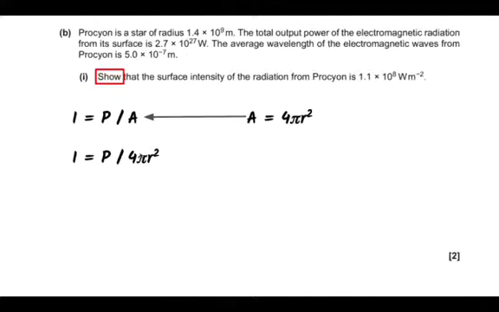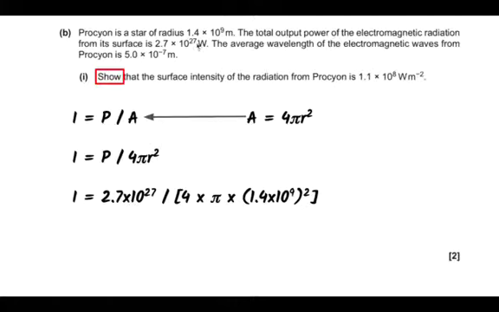And then, crucially, I'm going to chuck in all the numbers from the question. So 2.7 × 10⁻², that's the power given in the question, divided by 4πr², and r given in the question, 1.4 × 10⁹ meters. And then I'm going to plug that in on my calculator, and I will always do this at the end as well. If it's a show that style question, I'll write the answer to several significant figures.